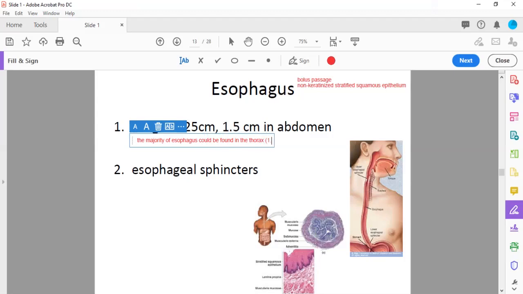With the exception of 1.5 centimeters. The last 1.5 centimeters can be found in the abdomen.